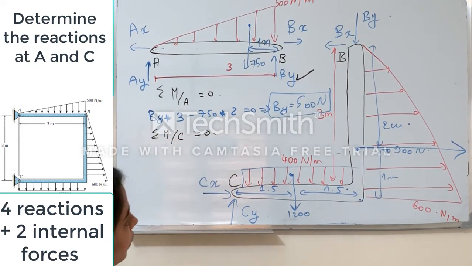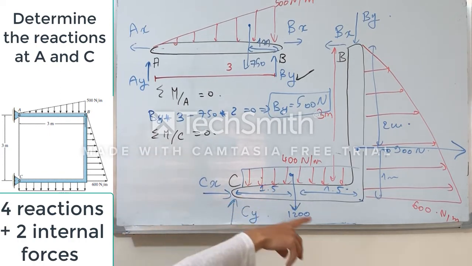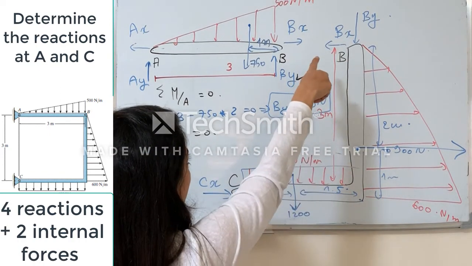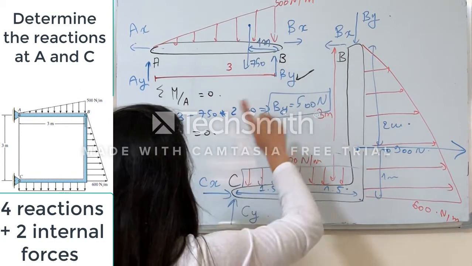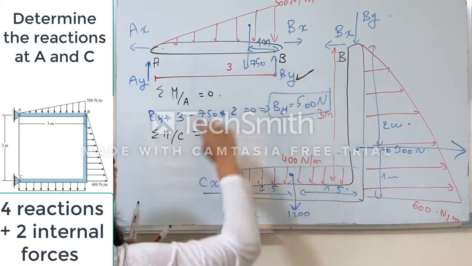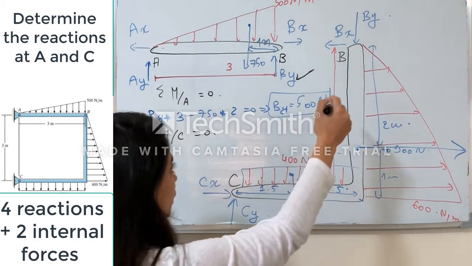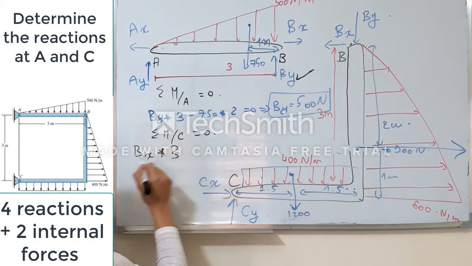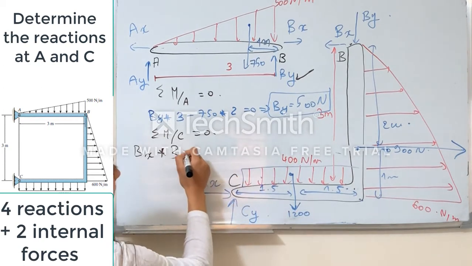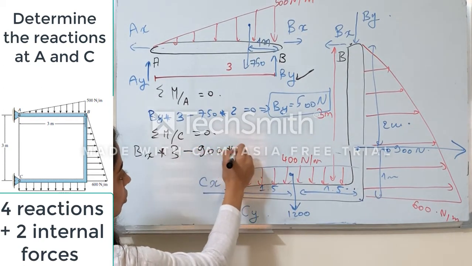So the sum of moment around C is equal to 0 means that I have, where is my unknown? It is Bx. Bx will do a counterclockwise rotation, so it is Bx times what? Times this distance right here, which is 3 meters, minus 900 newtons times what?